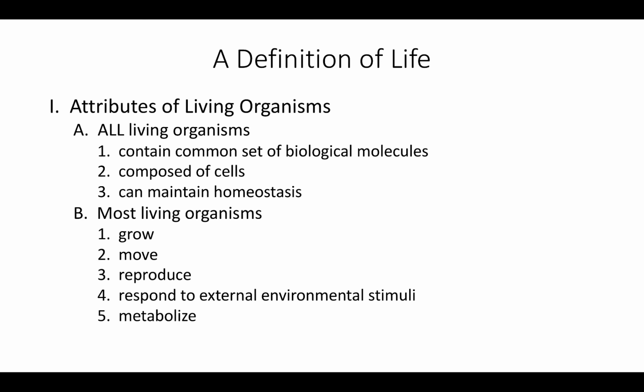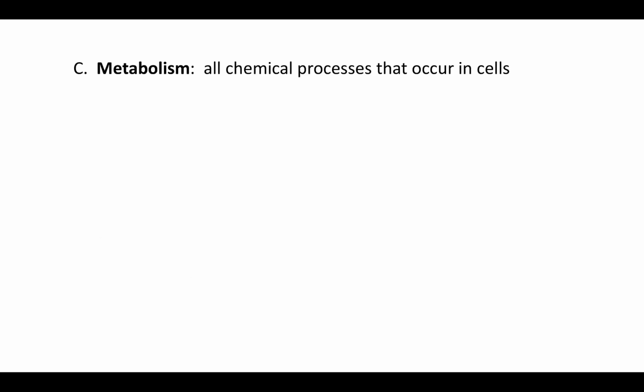So first we're going to take a look at metabolism, because it's something we're going to discuss off and on throughout the semester. So those are all the chemical processes that occur in the cell. You can have a breakdown of substances for the purpose of energy production.